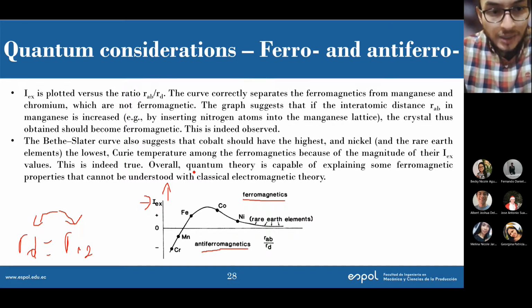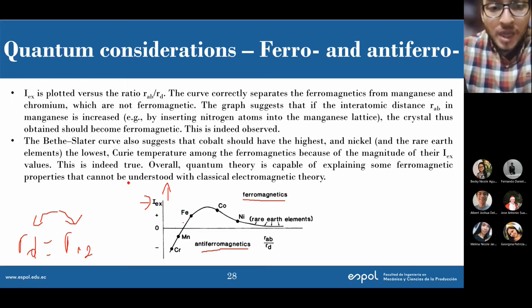So you can see manganese and chromium are not ferromagnetic. Manganese doesn't really have a large negative value; it's quite close to becoming zero or positive.